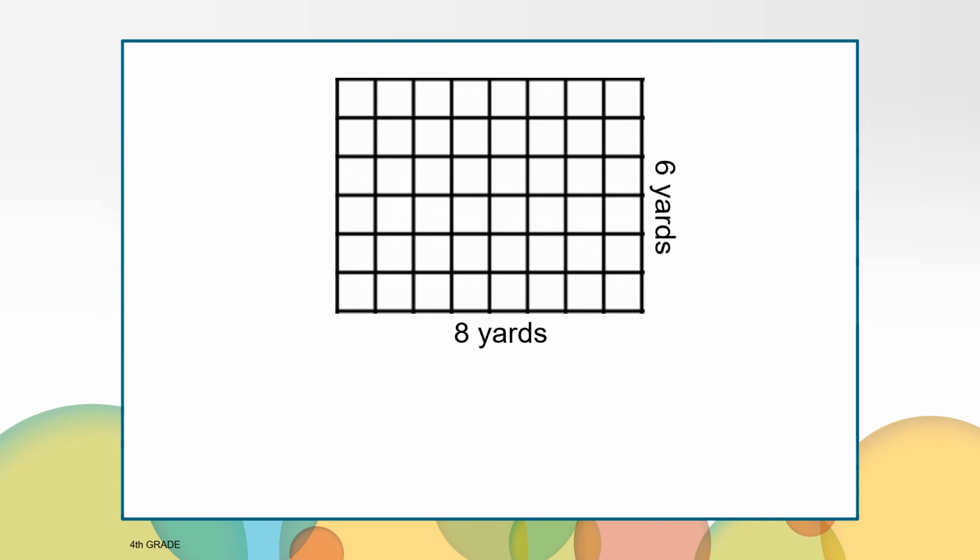I can count each square. Or I know that I can multiply one row of the squares times one column of the squares. I can find out the area the same way. Use your pencil and paper now to figure out the area of the pool.